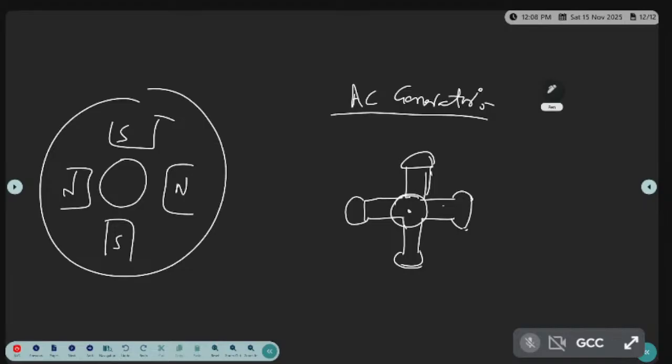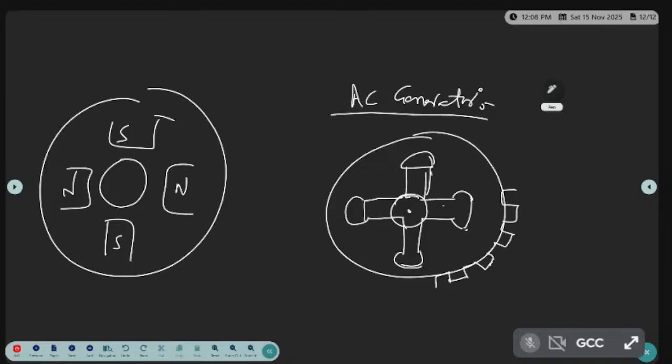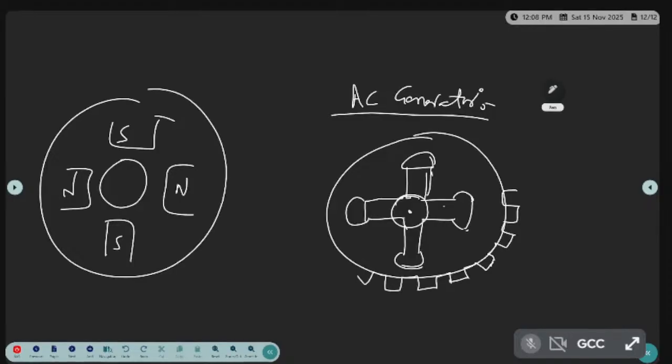Here I am having the flux. Here is the conductor. What is the difference between them?